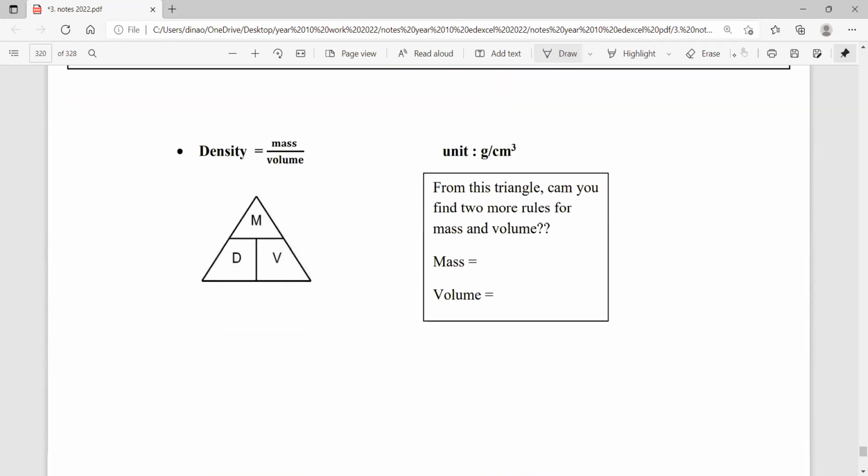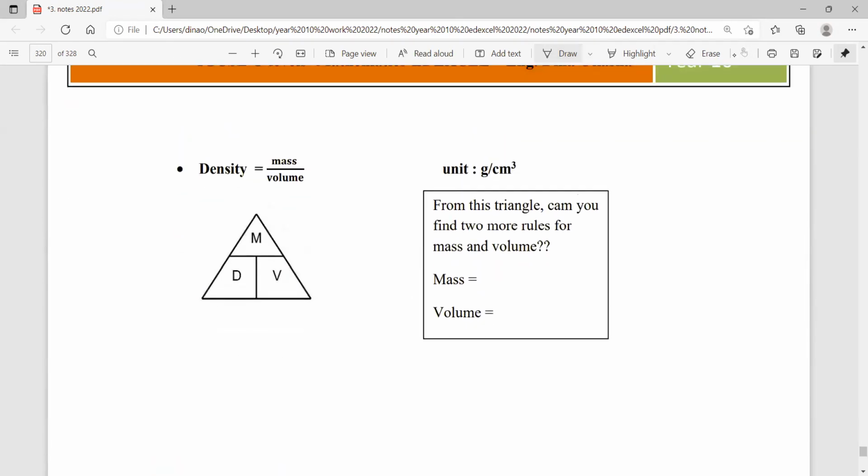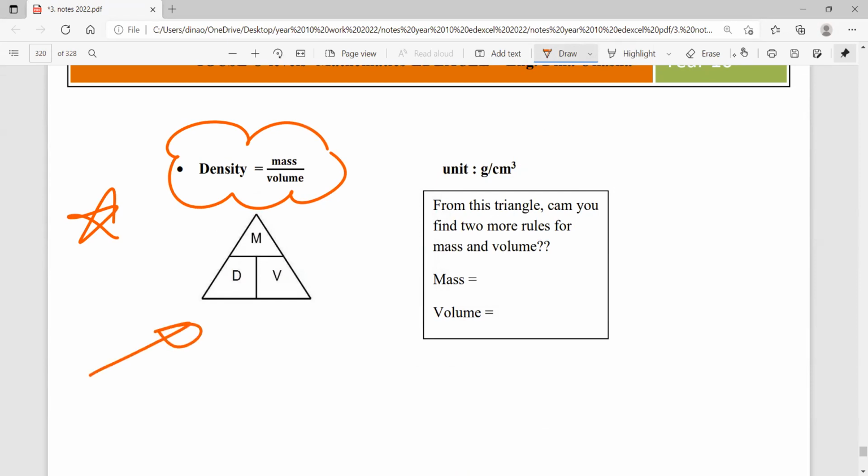Moving on to another rule برضه بقى بيجي كتير قوي اللي هو density equals mass over volume وبقى بيجي في المسائل بتاعت ال 3D shapes. Density equals mass over volume and then this is the mass density volume rule and I guess you're all familiar with these rules from year 9.